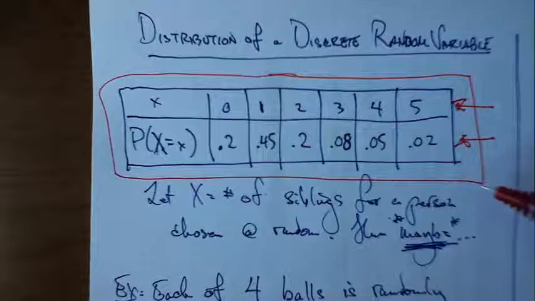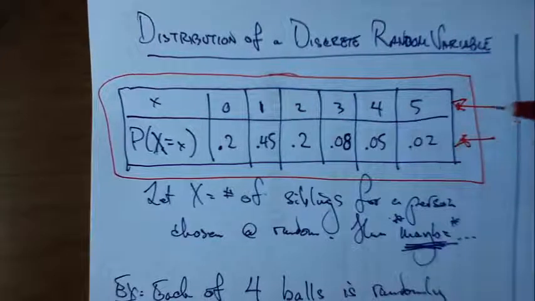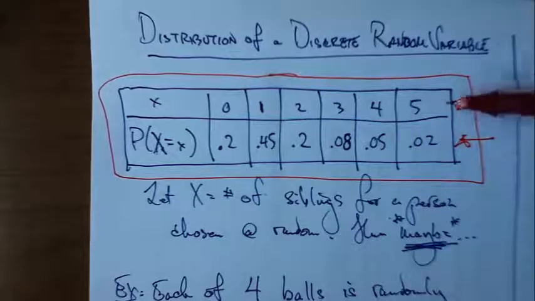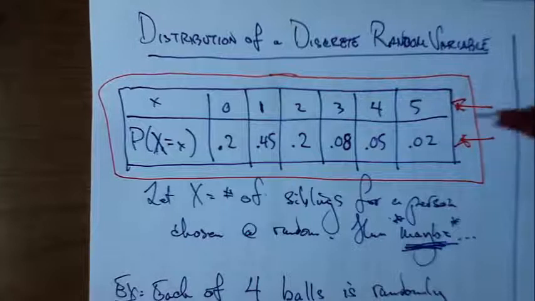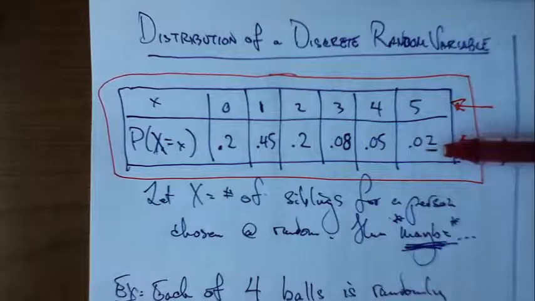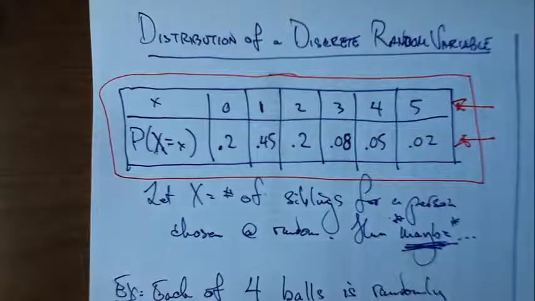That's what a distribution is. It's two lists, effectively. It could be represented this way, or as a graph, or whatever, but it's two pieces of information: the list of all the possible values it could take on, along with their probabilities.